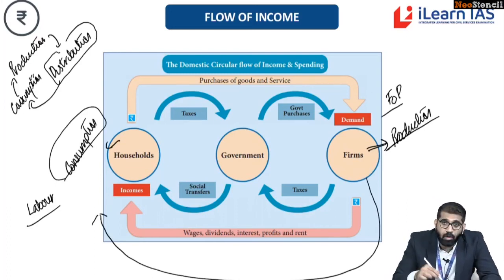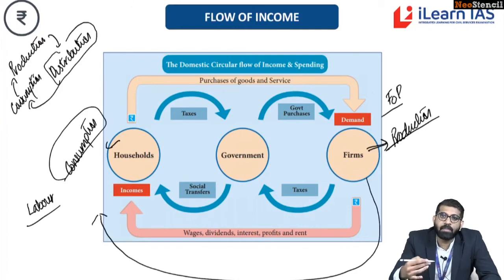Now, from the household, they make payment to the firms. In what way? Just try to think. Because whatever goods and services are produced by the firm are ultimately consumed by the household, right?